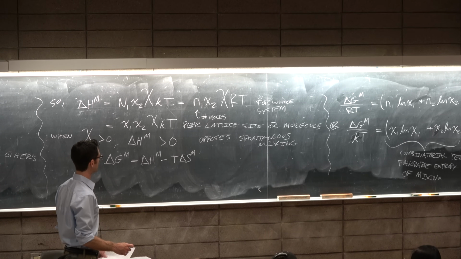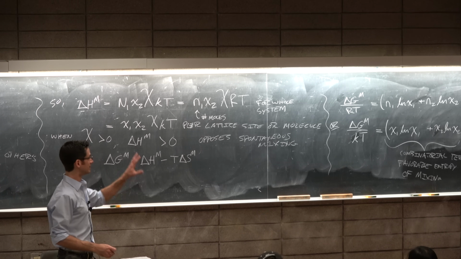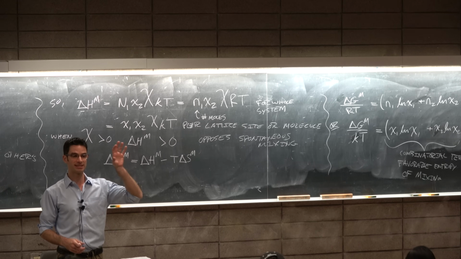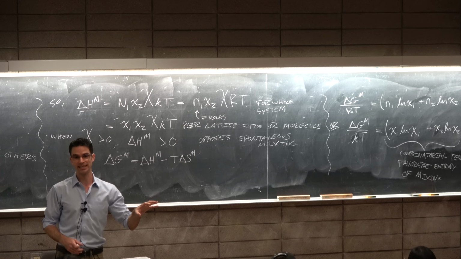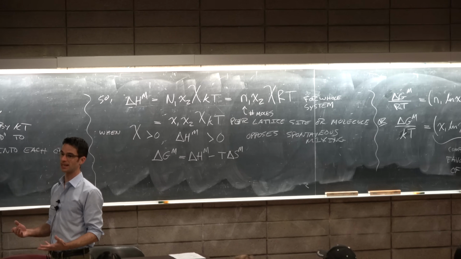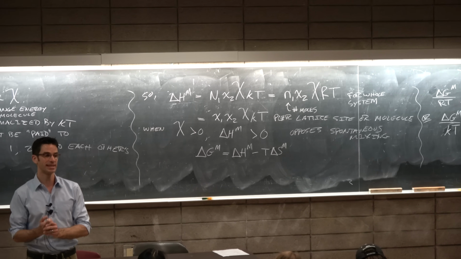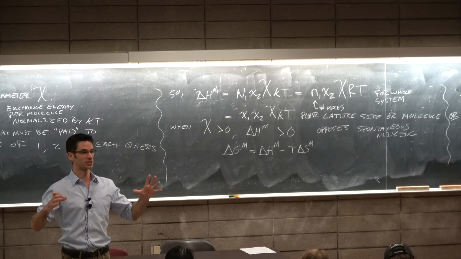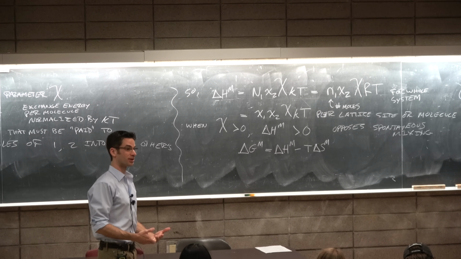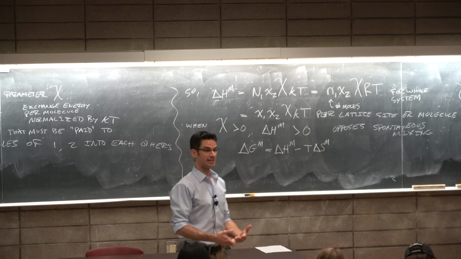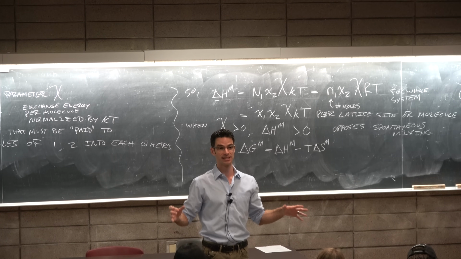So what we're going to do next time is plot the delta H of mixing, the delta S of mixing, delta G of mixing, and then construct phase diagrams that give us at least qualitatively where, as a function of temperature, we can expect one-phase behavior, two-phase behavior, and the presence of mixed phases.